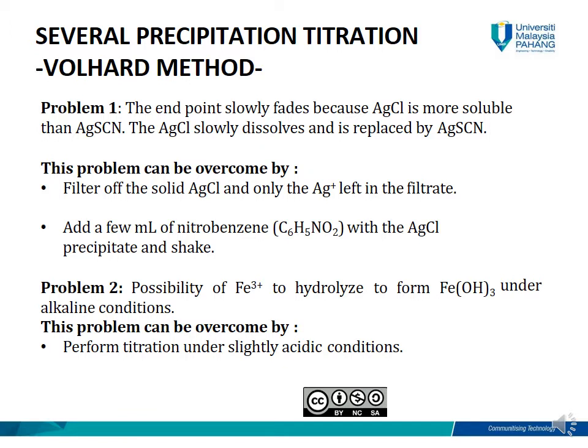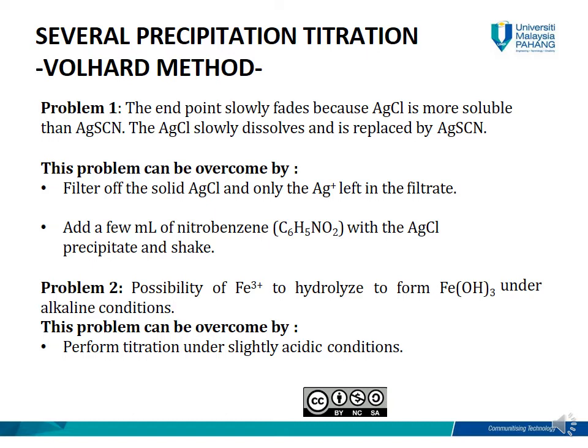Now, there are two common problems when you apply the Volhard method in precipitation titration. For problem one, the endpoint slowly fades because silver chloride is more soluble than silver thiocyanate. So the silver chloride will slowly dissolve and be replaced by the silver thiocyanate. The way that we can overcome this problem is to filter off the solid silver chloride and leave the silver ion in the filtrate.